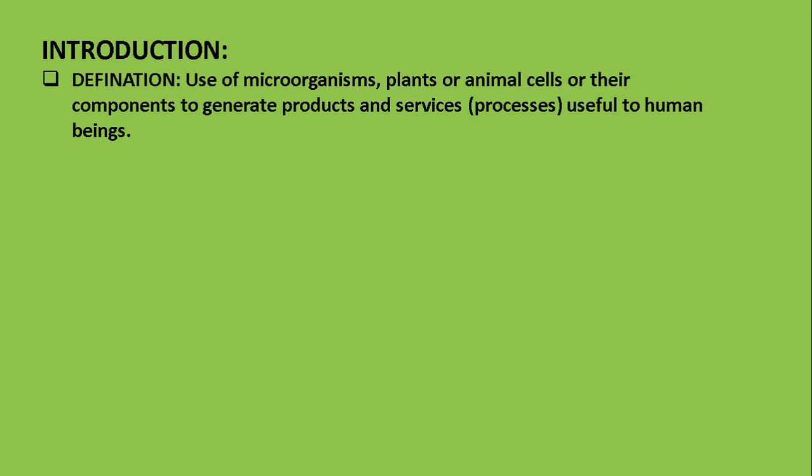Now, what is biotechnology? Biotechnology means the use of microbes, plants, or animal cells, or any of their parts or components, which will help in creating some products. Products which can be a protein, a carbohydrate, or a fat, that will help human beings.